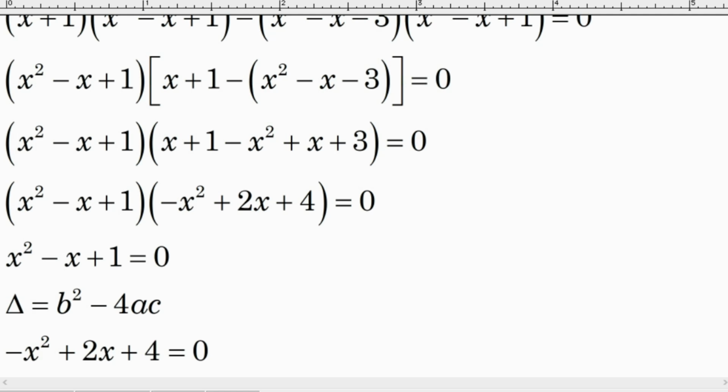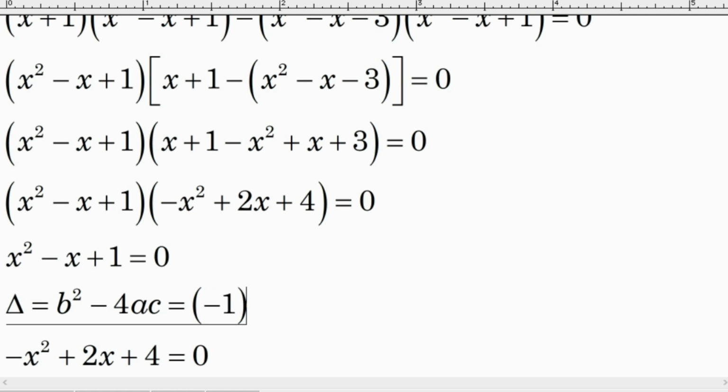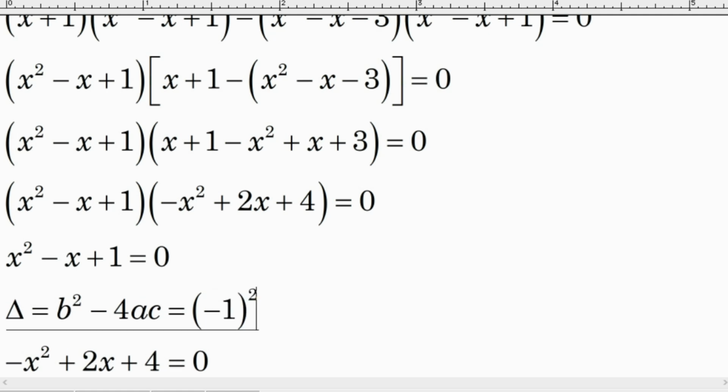Now we can substitute the values of b, which is equal to minus 1, raised to the square, and then minus 4ac, where a equals 1 and c equals 1, so that will be 1 times 1 times 4, which is equal to 4. So we get minus 1 all squared, which is equal to 1, and then minus 4. So the answer is equal to minus 3.